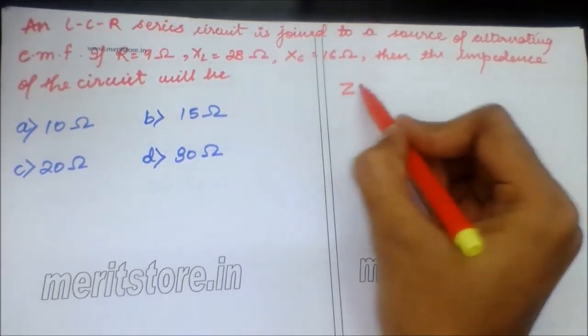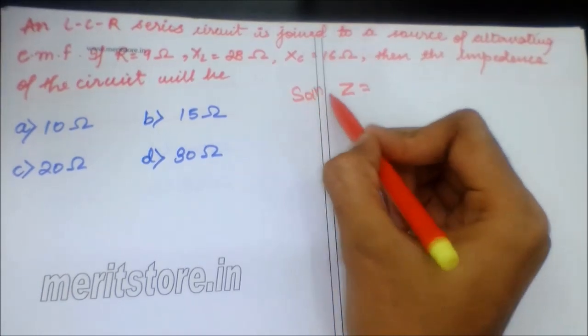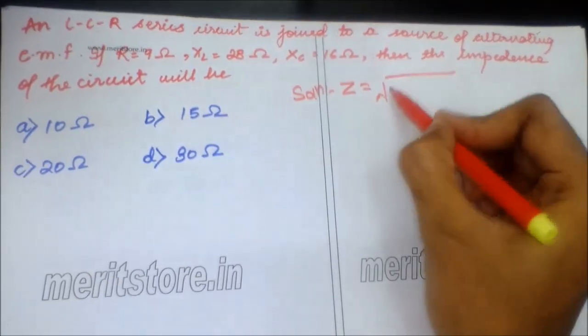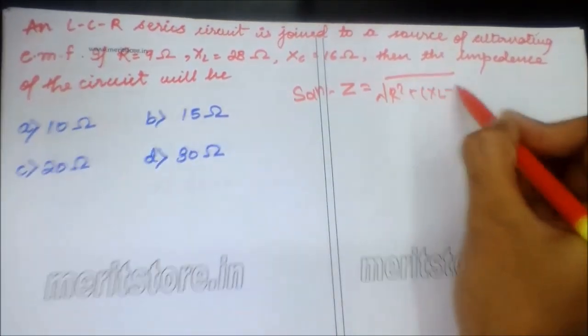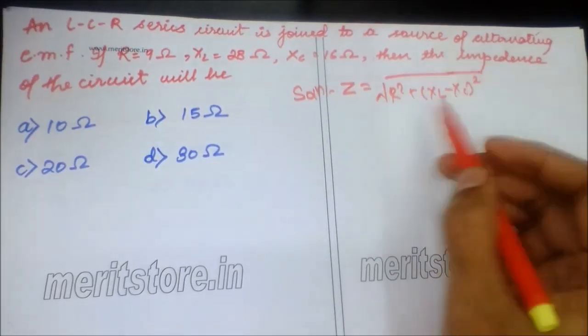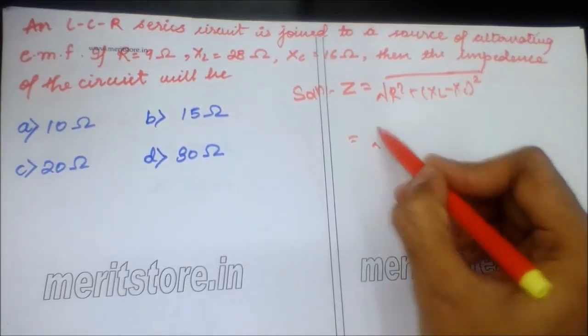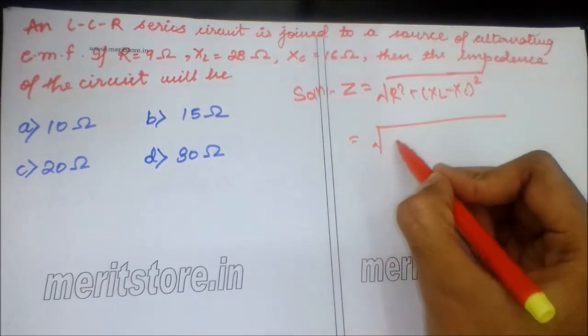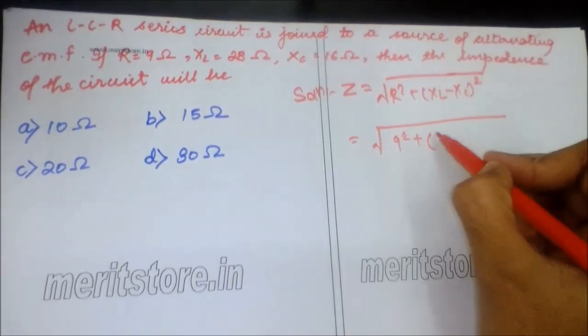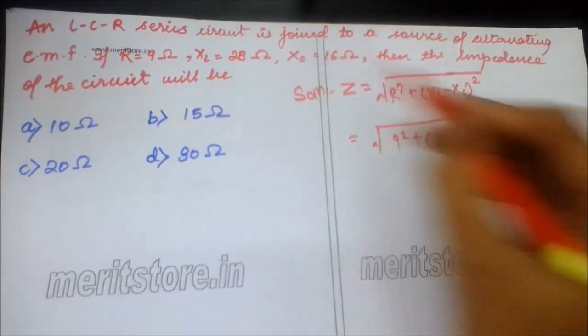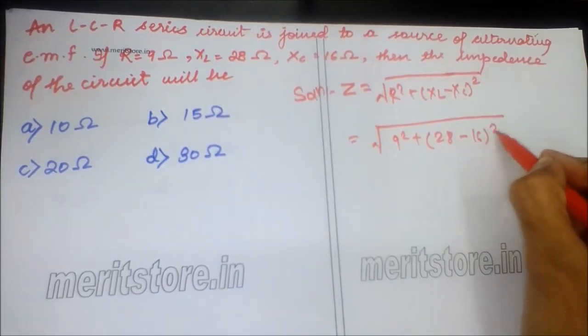The impedance Z will be equal to the square root of R square plus (XL minus XC) the whole square, that is the inductive reactance minus the capacitive reactance, where R is 9 square plus XL, that is 28, minus the capacitive reactance 16, the whole square.